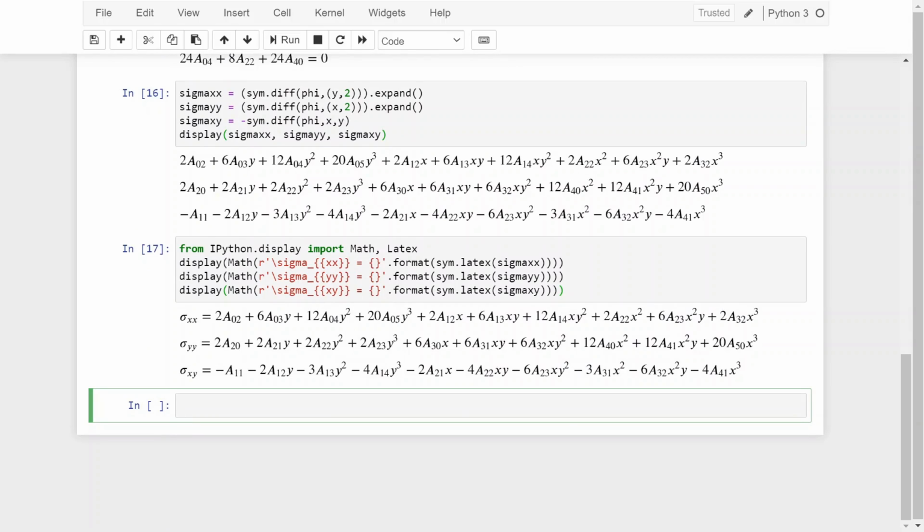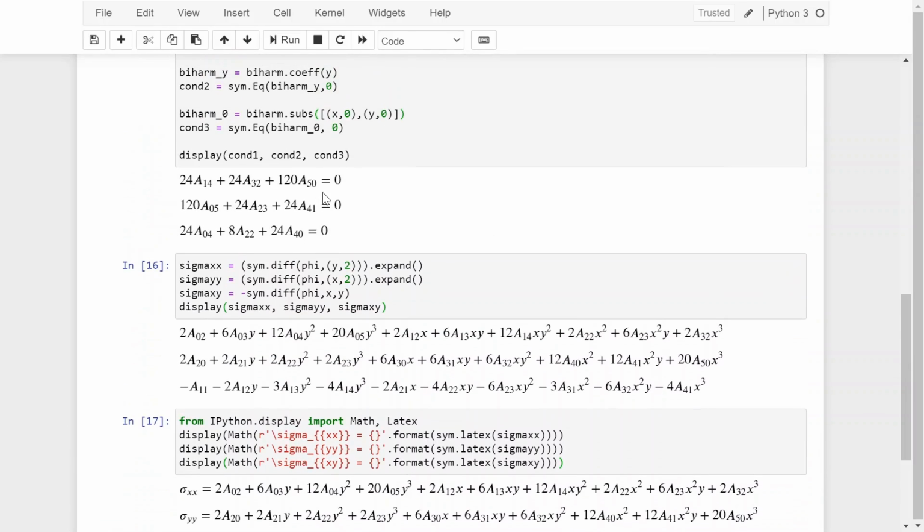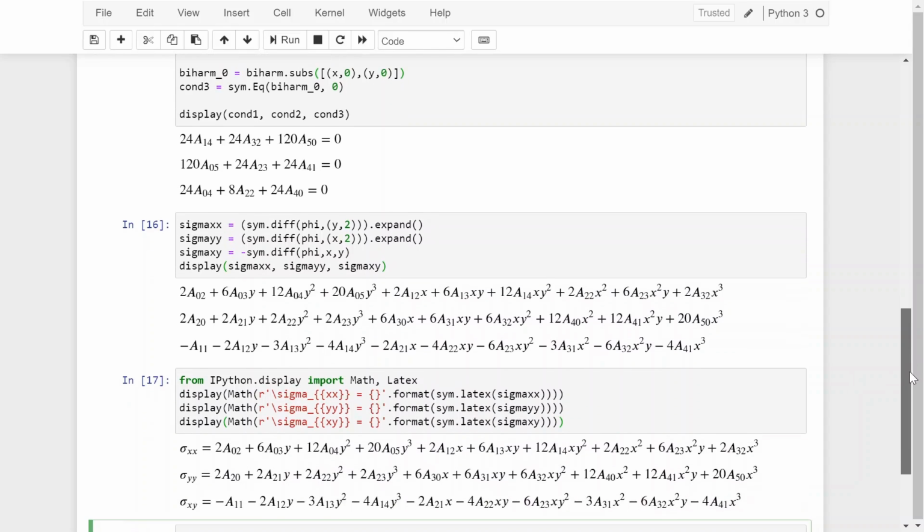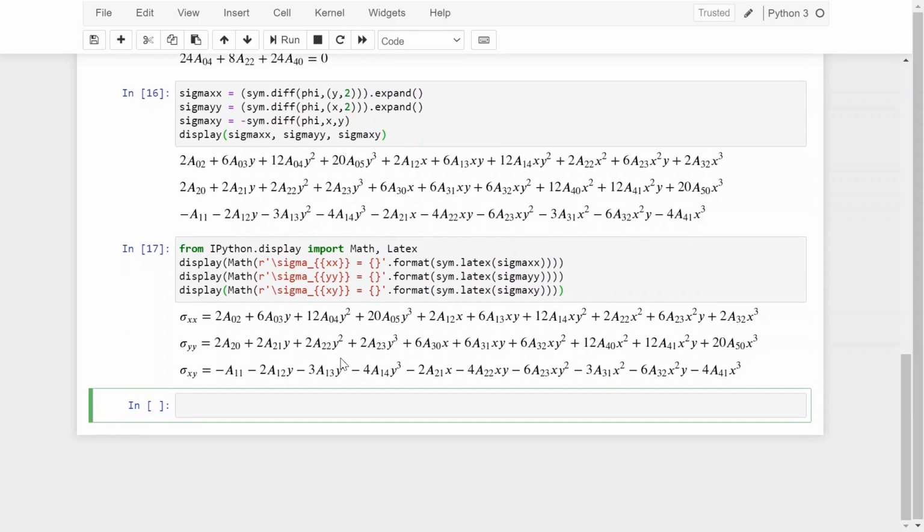Let us remind ourselves again what we are doing here. We have already found the three conditions back here, proceeding from the requirement that the Airy stress function that we have chosen by combining the various degree polynomials must satisfy the biharmonic equation. Next, we have found the expressions of the stress fields with the intention of being able to write down the boundary conditions as we had discussed in the previous lecture.